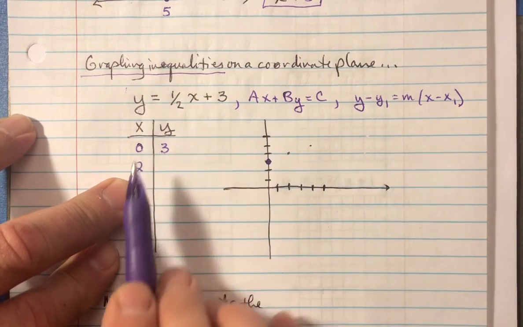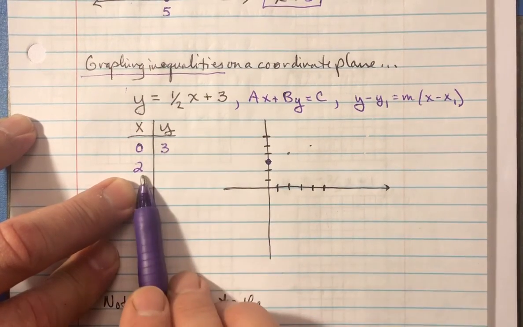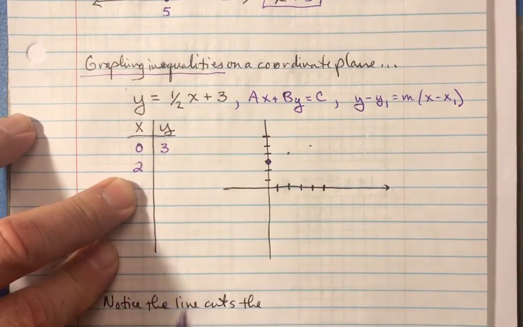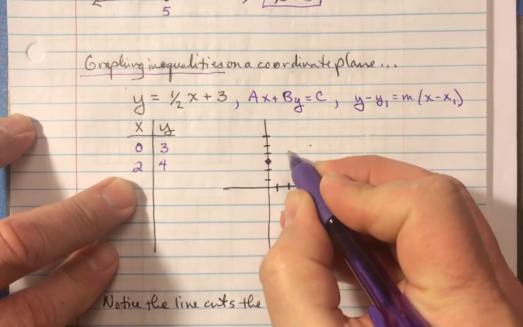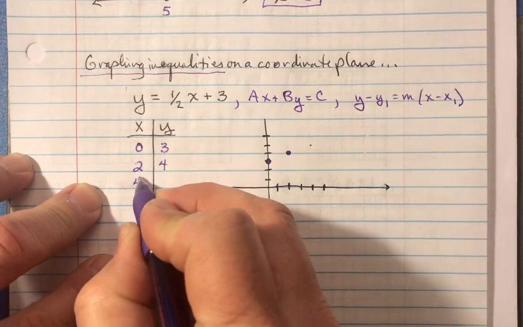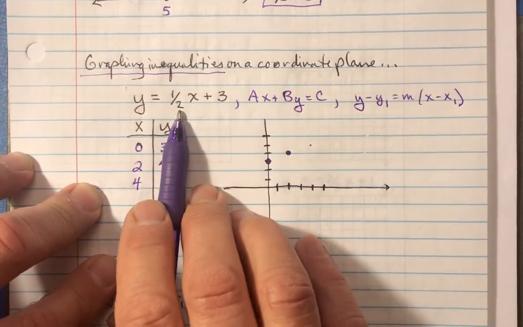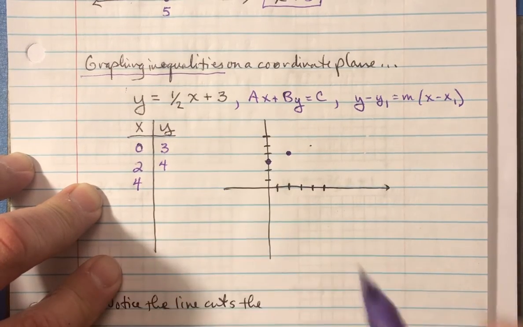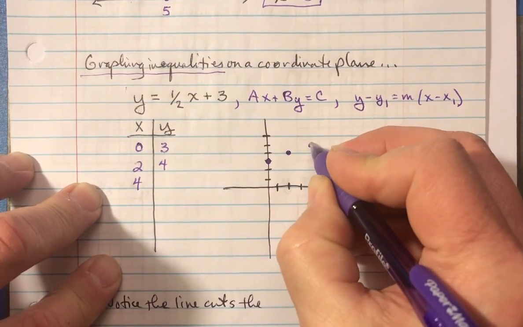Well, 2 is easy to take half of. So half of 2 is 1 plus 3, so that would be 4. You can see here at 2, 4. I already made a little point there earlier. If I go to 4, half of 4 would be 2 plus 3. That would give me 5.